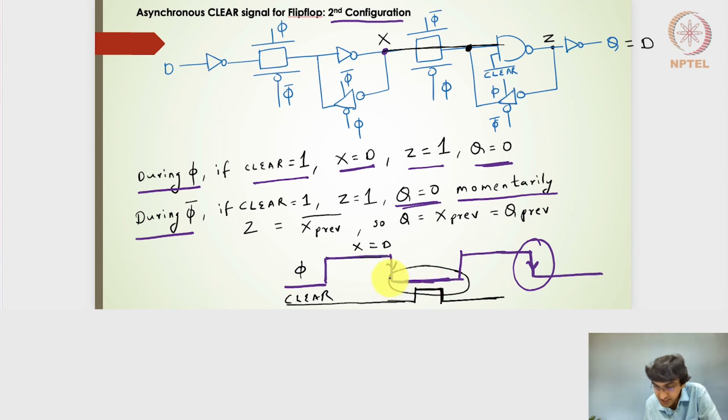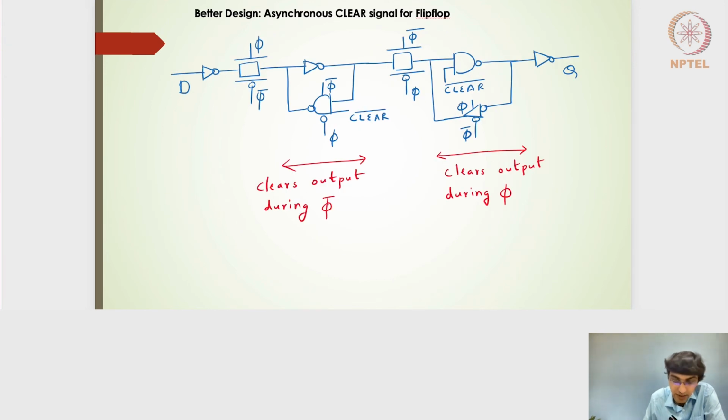And it should not change anything during this level of the clock, either during the positive level or the negative level. It should change only in the next subsequent edge, the falling edge in this case. So in that sense, this is a wrong design. Q will get updated with the previous value of X the moment the clear is depressed, which is not a good design.